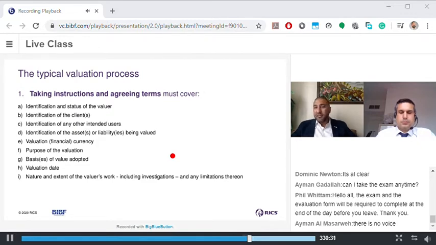You have to identify the client and any other intended users. So who other users besides the client? Is it a bank, a third party, etc.? You have to put an identification of the asset or liability being valued. This is a mall, this is a residential property, address X with area Y.